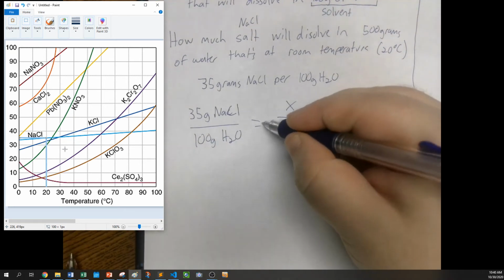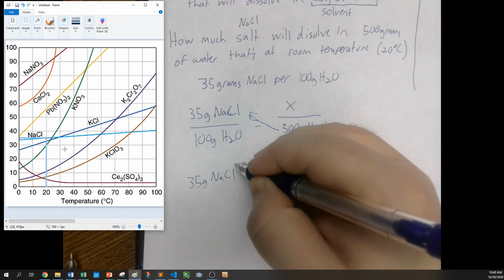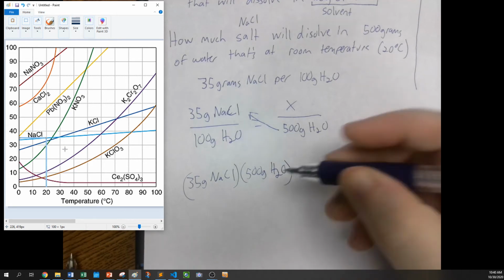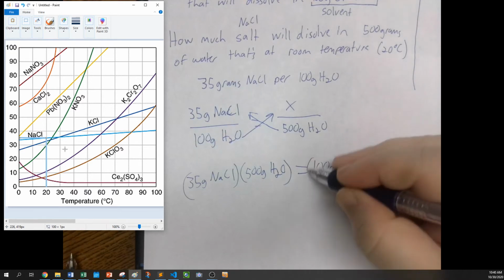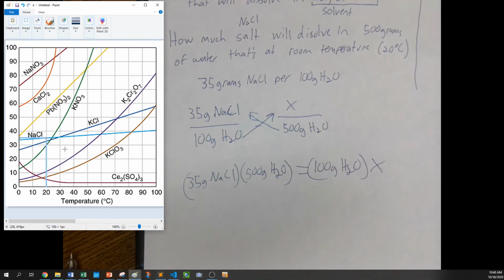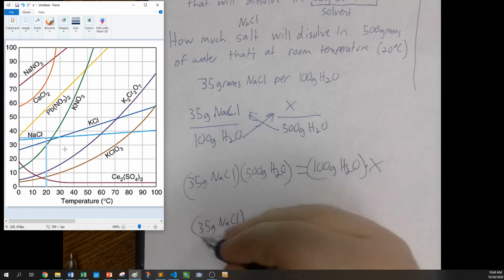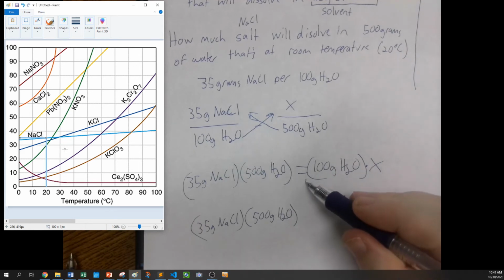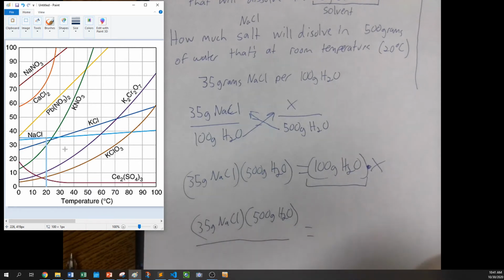So cross multiply that. This is being multiplied on this side, so to move it over, we would divide.